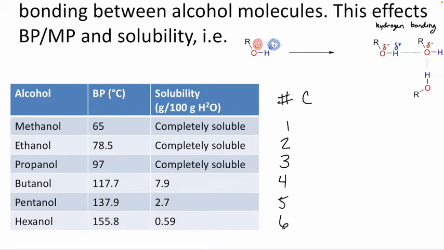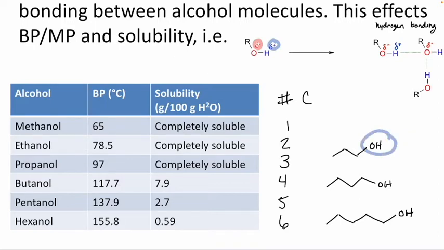It shows that our smaller alcohols are completely soluble in water. And then as that carbon chain grows and grows, they become less soluble. Propanol has 3 carbons, butanol has 4, pentanol has 5 carbons, etc. And so what's happening here is you have one half of the molecule, this OH bond, which is really polar.